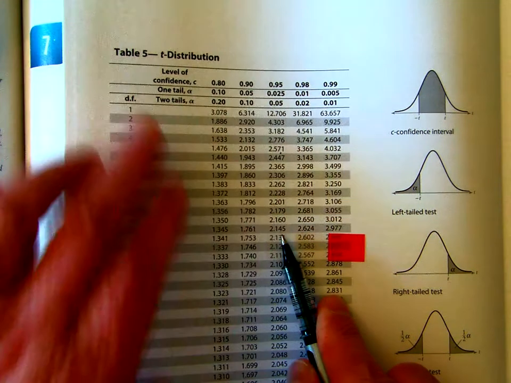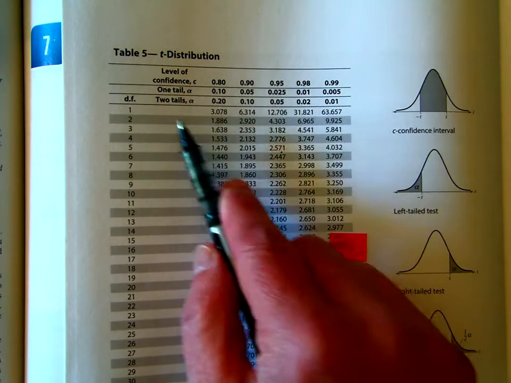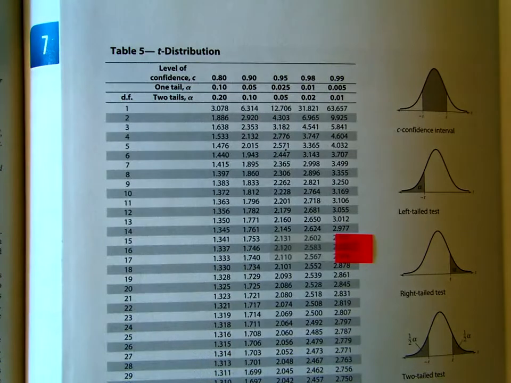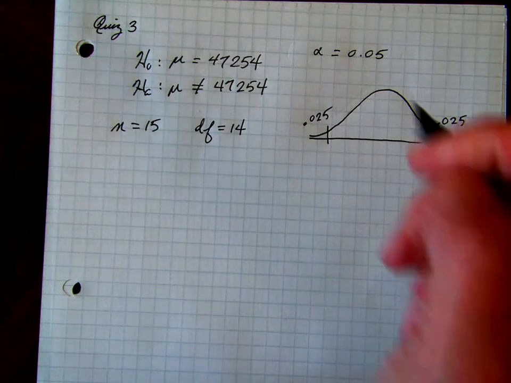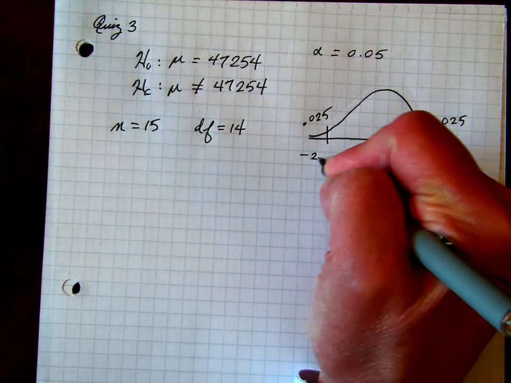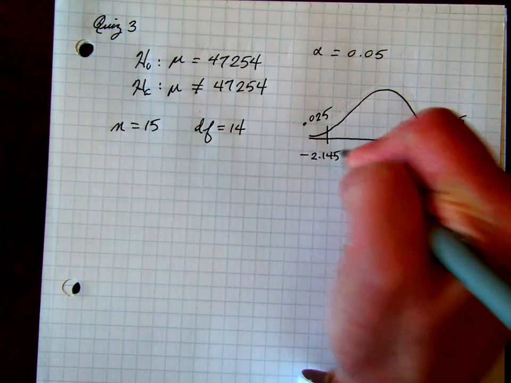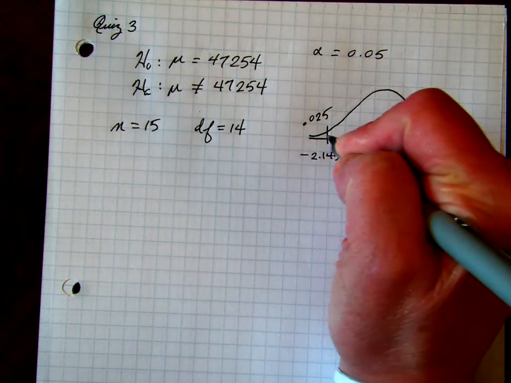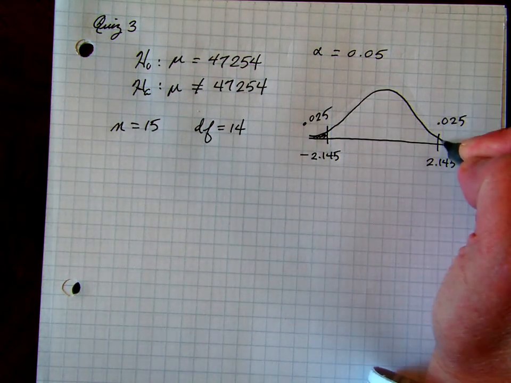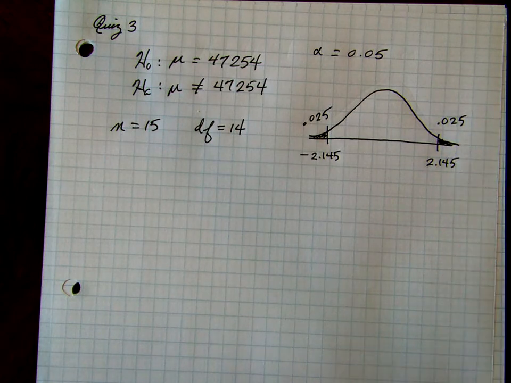That's in table 5 of the t-distribution, looking at two tails with 0.05. So let's write that down. It's going to be minus 2.145 on one side and positive 2.145 on the other side. Those are the rejection tails. If we fall into those regions with our statistic, we have to reject the null hypothesis.